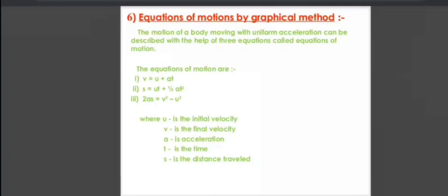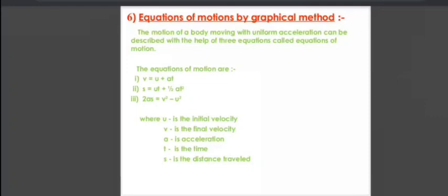But in all the formulae you will have A. Clear? So in the first formula, S, the position or distance or displacement, is not there. In the second formula, V is not there. In the third formula, time is not there.